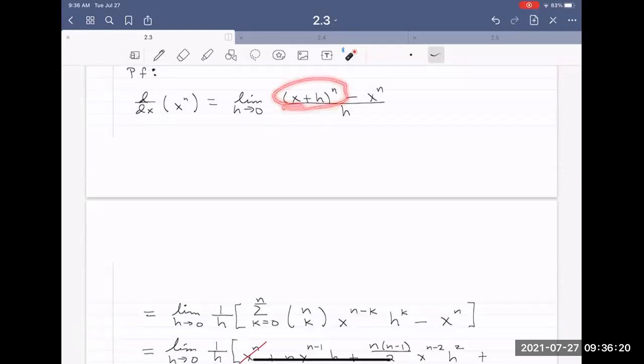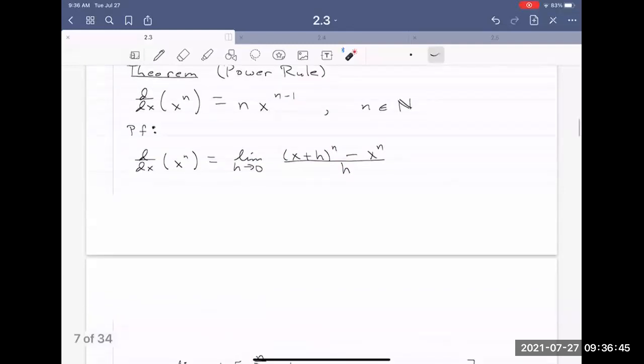So this is equal to the limit as h approaches 0 of, I'm dividing by h, so let me write this as 1 over h out in front, just so that I don't need to divide by this huge quantity by h. So let me just write this 1 over h out in front of this guy.